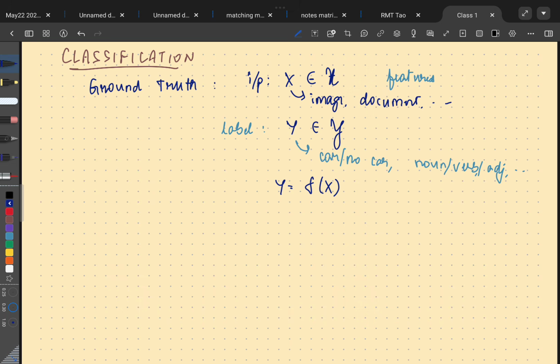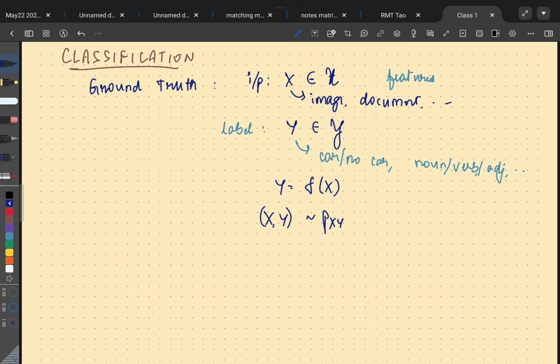Okay. But more generally, you could also assume that there is some joint distribution between x and y. Firstly, when I say that for every email you have some function which tells you whether this is spam or not, I also need some other way of representing how these emails are drawn.